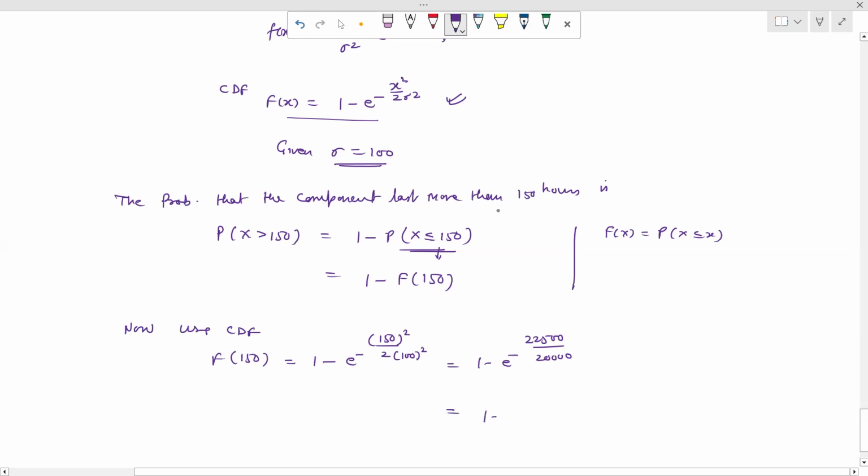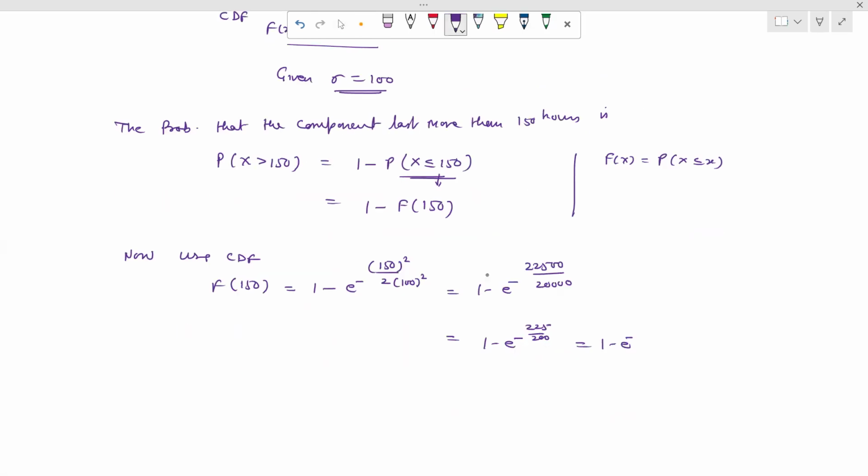So this is equal to e raised to the power minus 225 upon 200. We simplify this: 1 minus e raised to the power minus 1.125. Using the calculator, e raised to the power minus 1.125 is approximately 0.3247.